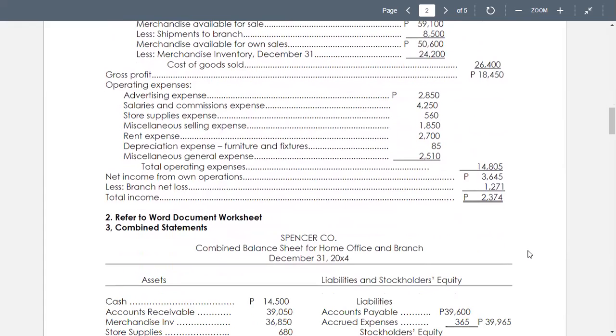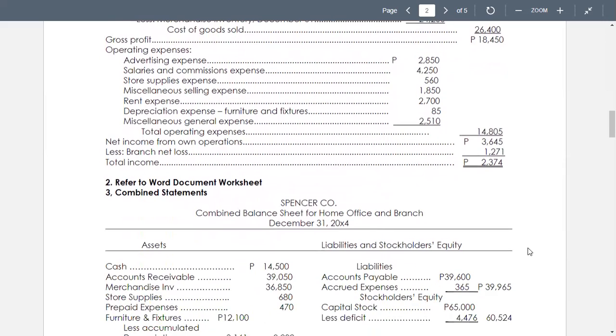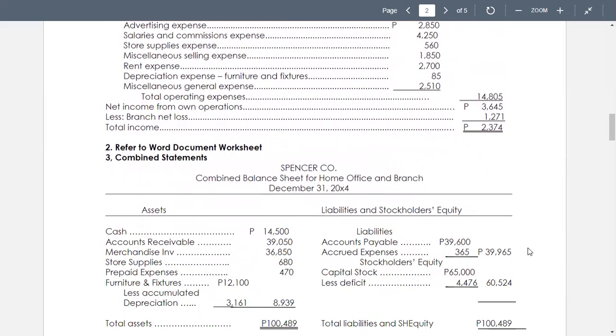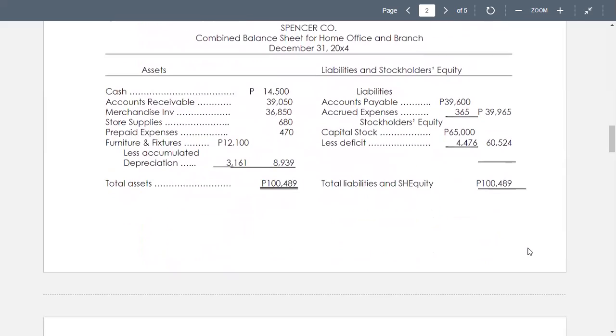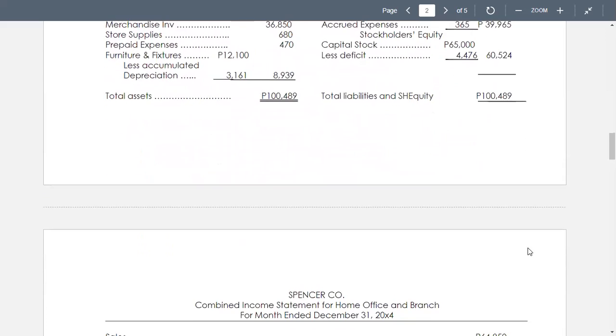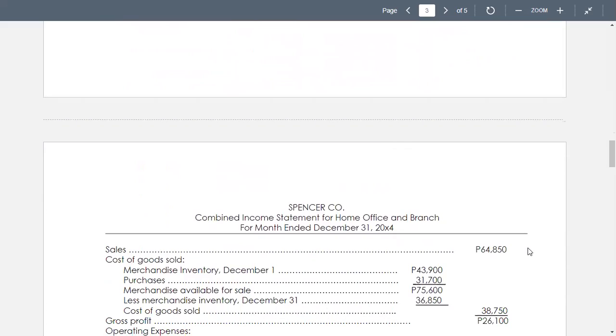If the home office has a net income of 3,645, but the branch has a net loss, so the combined income is 2,374.